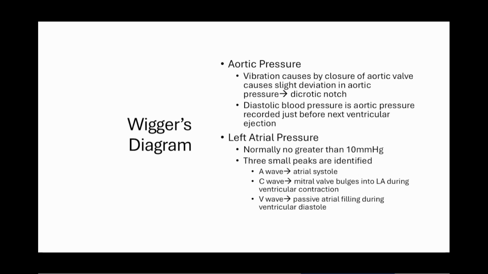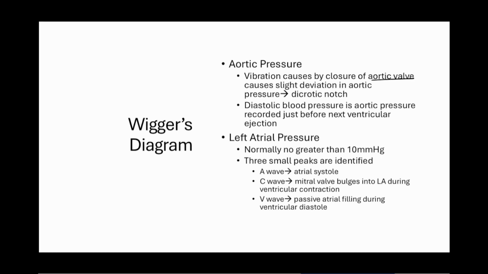Here's your aortic pressure. There is a little vibration caused when the aortic valve closes. That's called the dicrotic notch. You'll see when we draw it. You'll see the aortic pressure, the little dicrotic notch. When the aortic valve closes, the aorta itself is a very, very muscular vessel.